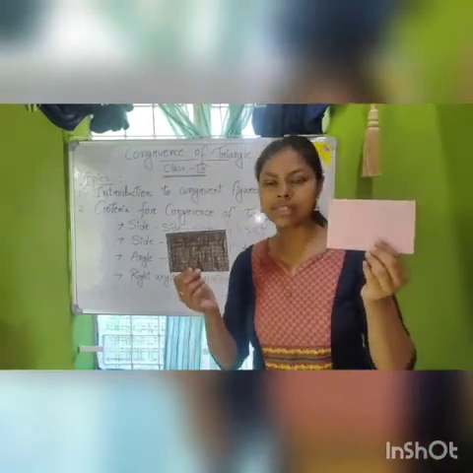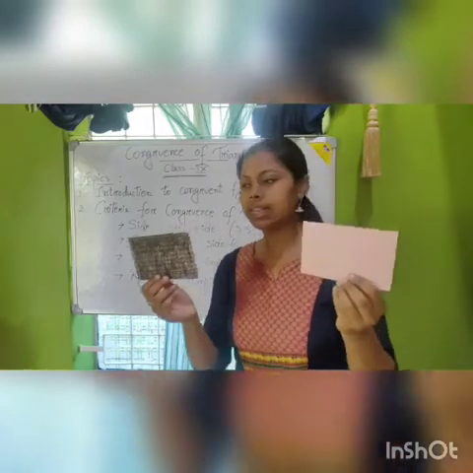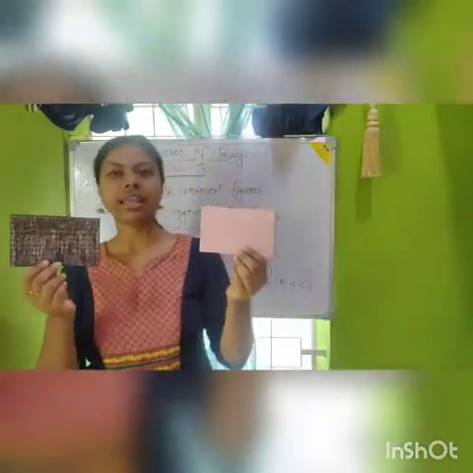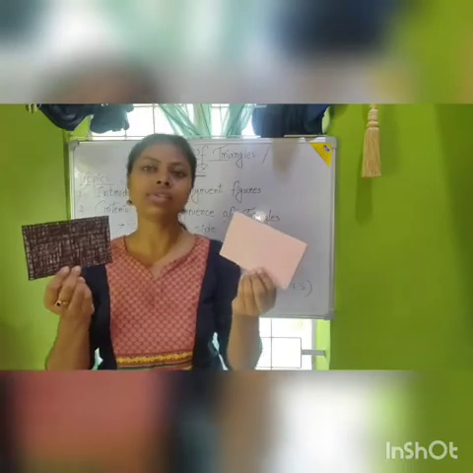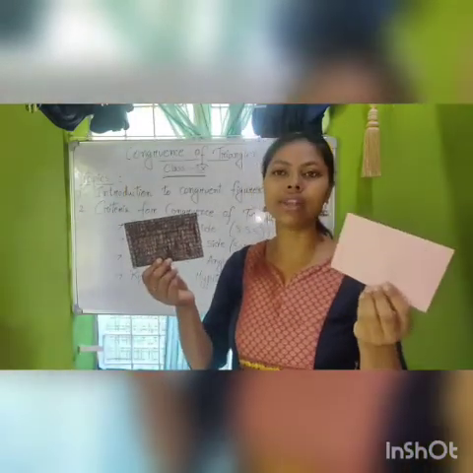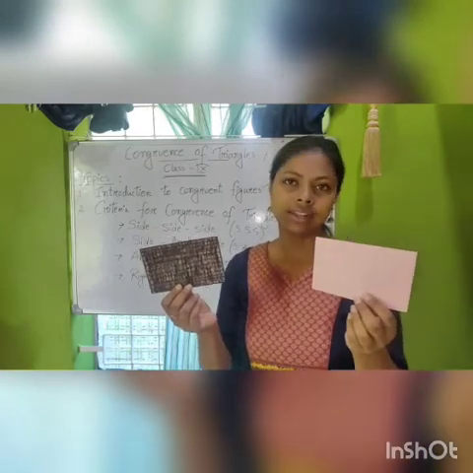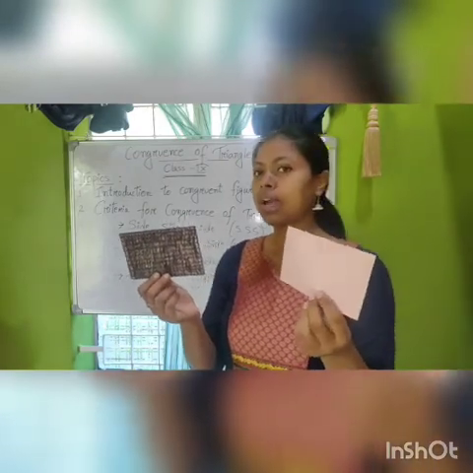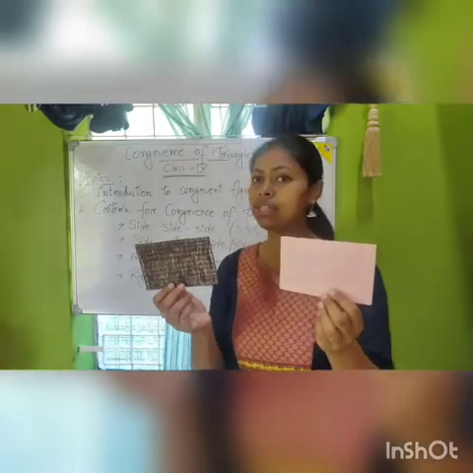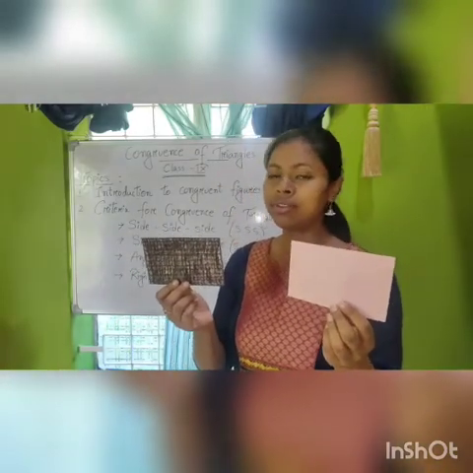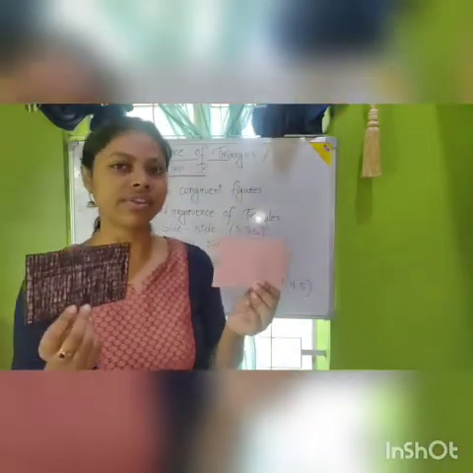One is black, one is pink. Now to some people it looks the same, and to some other people it might look different. Then how can we call them identical? To call them identical, they should match in all aspects. That is our main criteria for congruent figures.